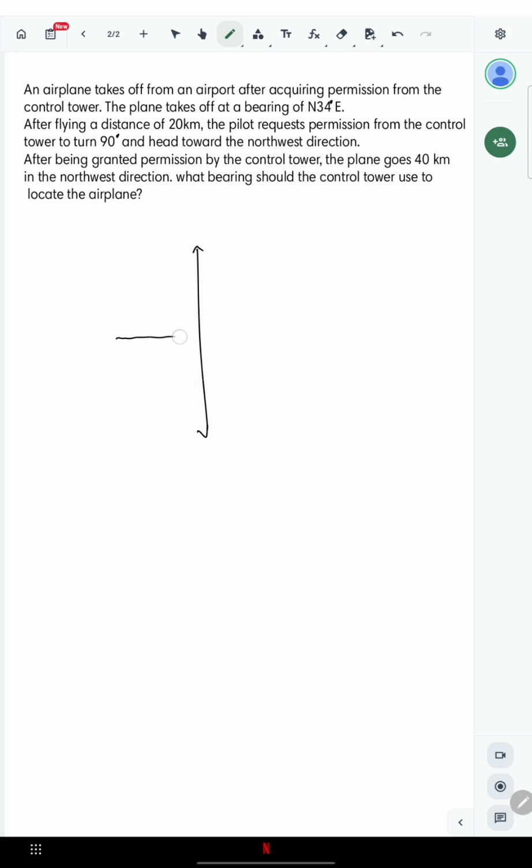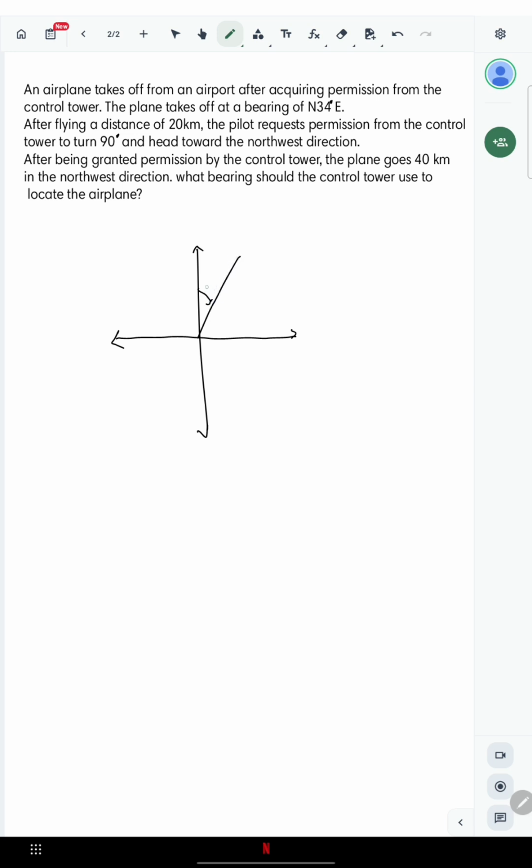Of course, we need to have this direction. Okay, the plane takes off at the bearing of 34 degrees north of east. So from this one, we'll count this one as 34 degrees.